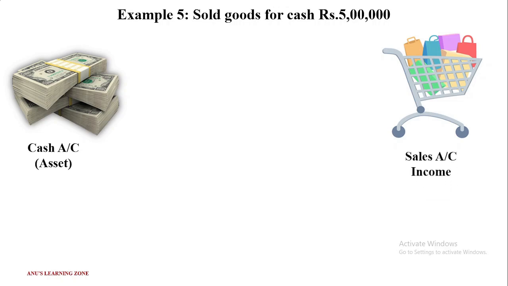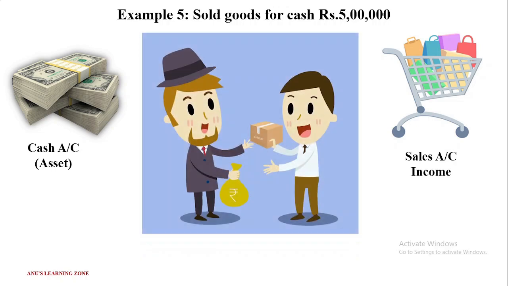Now what is happening for the cash account and the sales account? Both are increasing, right? Both the cash account as well as the sales account are increasing. The asset increases, so we have to debit that account, that is, we debit the cash account, and income is also increasing.